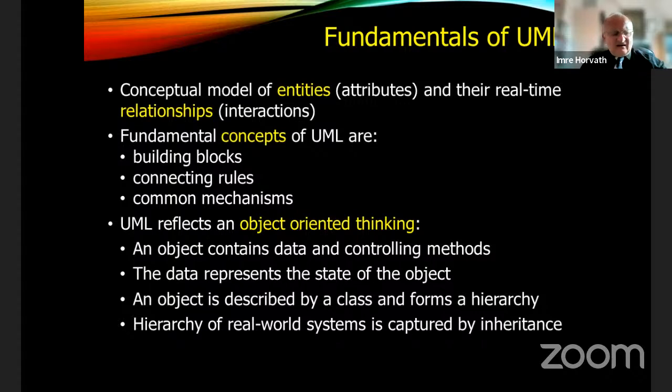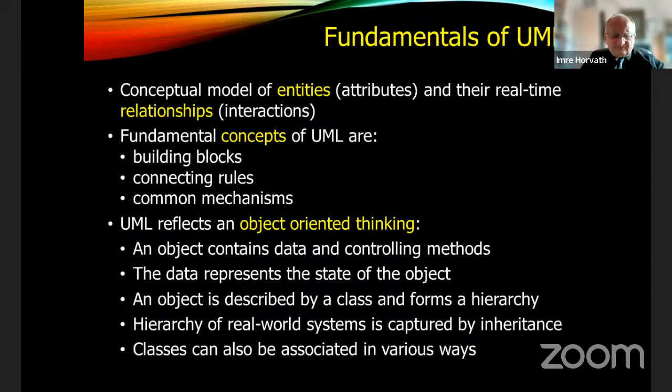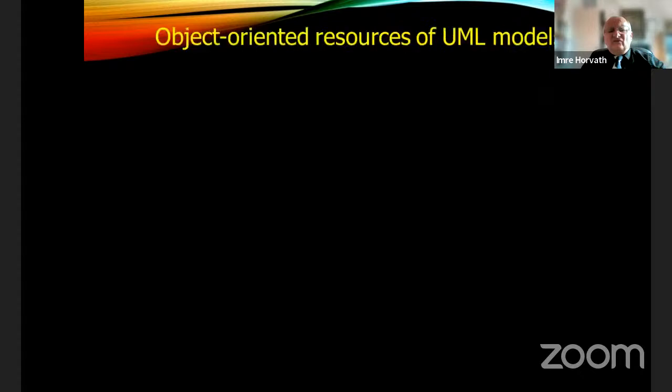It means that higher-level objects can transfer their methods, and also data, to lower-level implementations, and in some cases it goes bottom-up. The classes are flexible in that they can be associated in various ways, and this gives a kind of flexibility for the design and for the representation.